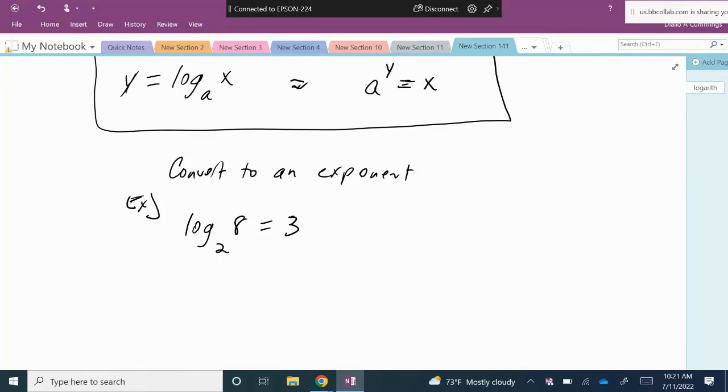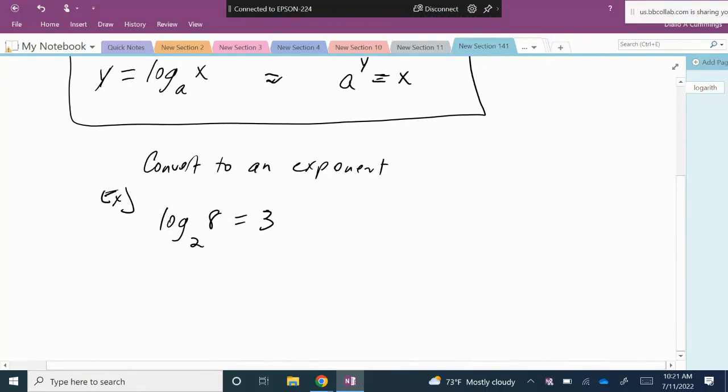When you're converting a logarithm to an exponent, the first thing to keep in mind is that the base of your log, so here the base is 2, would also be the base of your exponent. Since the base of my log is 2, the base of my exponent is 2.